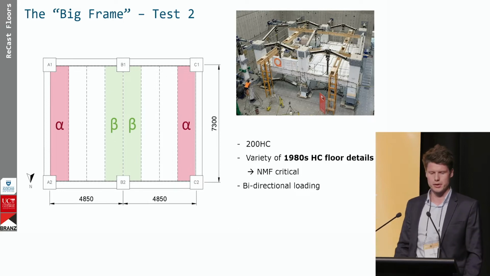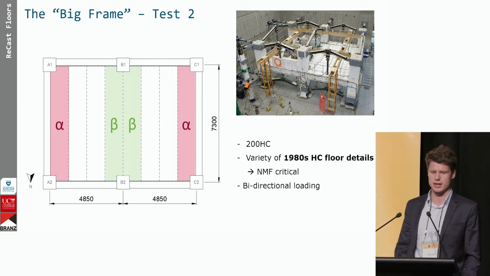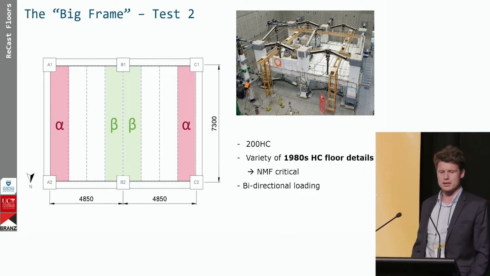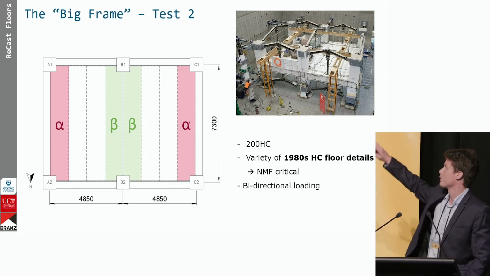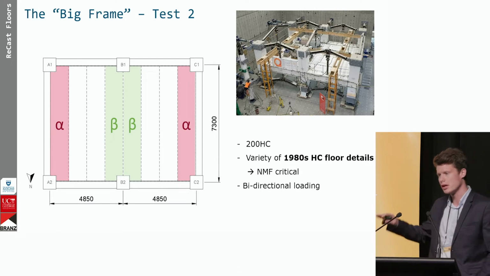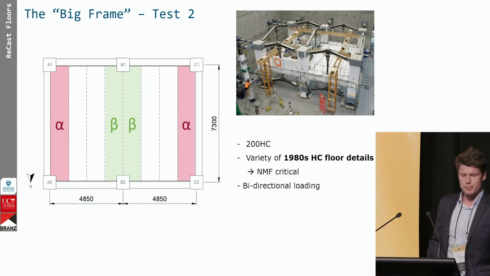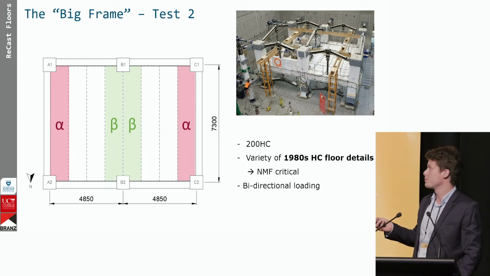And it's worth pointing out that we had negative moment failure critical detailing in this test. And on the top right, you can see this big test rig we had, and we were able with 14 actuators to actually load this frame bidirectional. But we actually didn't test only this bare frame.